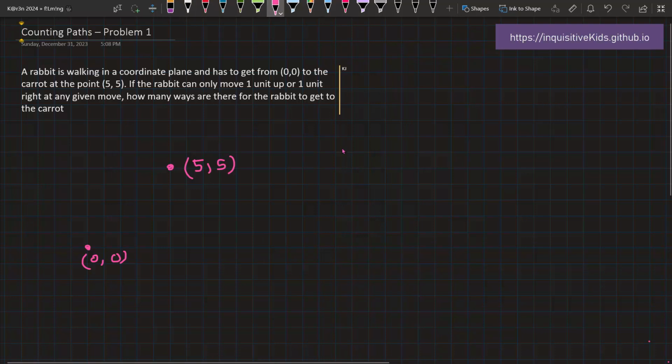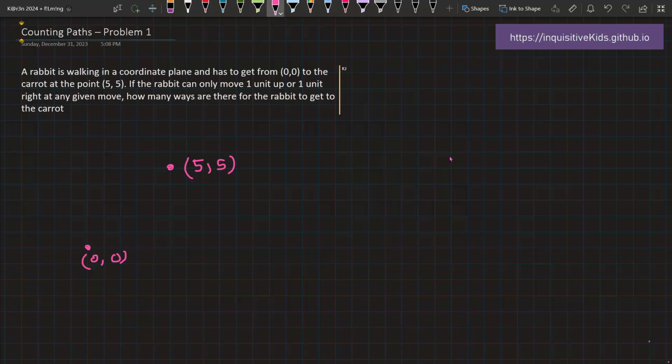Whenever we're met with really long or tedious problems like this, it's not necessarily complicated, it's just tedious because it requires a lot of work. Whenever you see problems like this, I usually like to tell myself that there's always a solution, and the solution is usually going to be a pattern. So here we are traveling from 0, 0 to 5, 5.